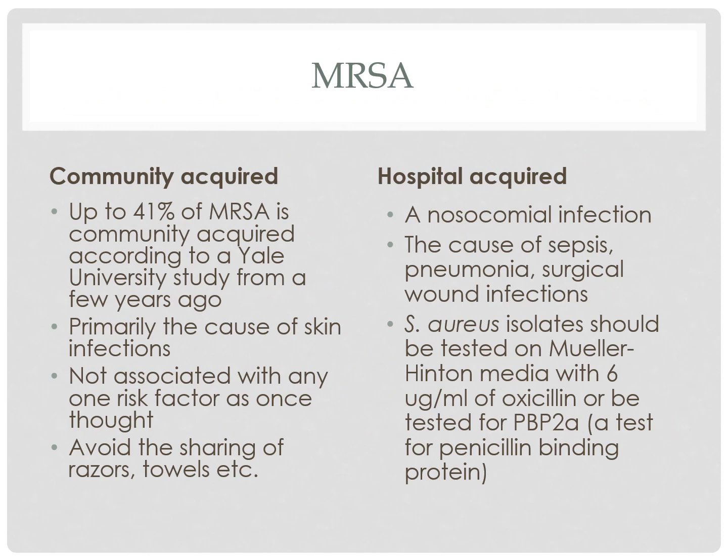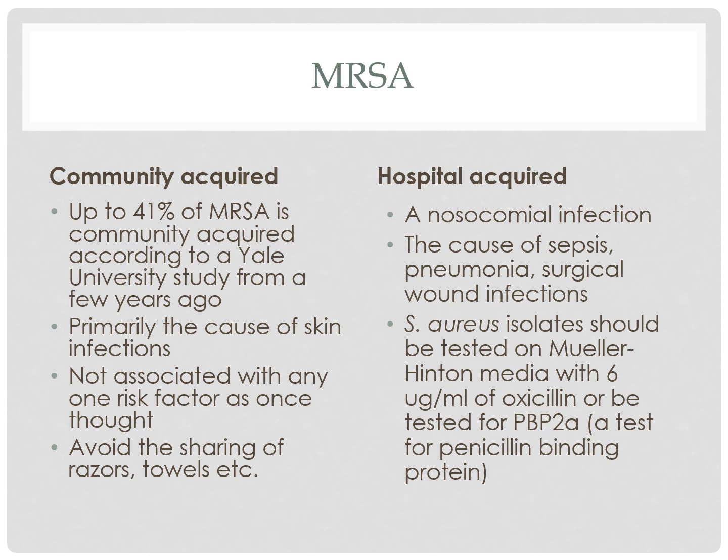There are two types of MRSA that can be isolated. One is called community-acquired MRSA, and one is called hospital-acquired MRSA. About 14% of all hospital patients will develop a nosocomial infection of MRSA. Up to 41% of community-acquired infections, according to a Yale University study from a few years ago, are MRSA.